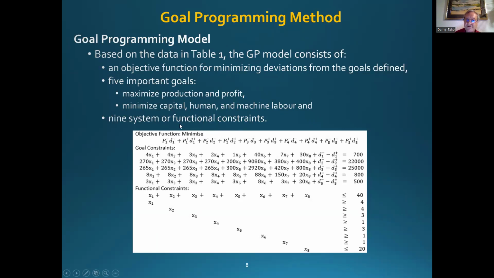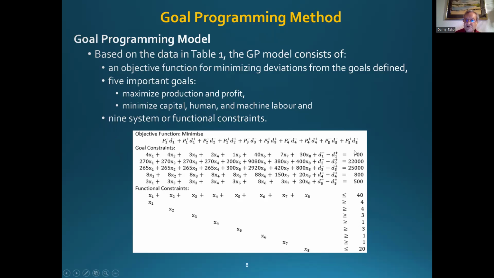The objective function in the goal programming method is always minimizing the deviation variables from the goal specified.